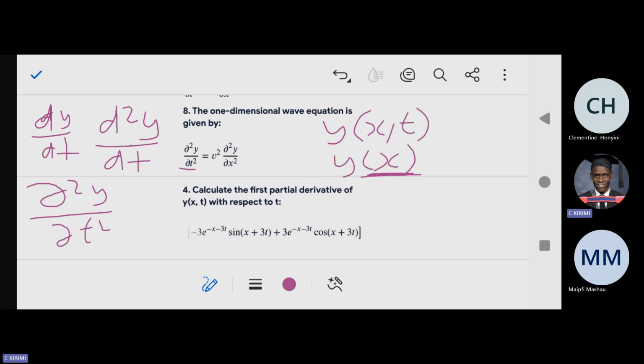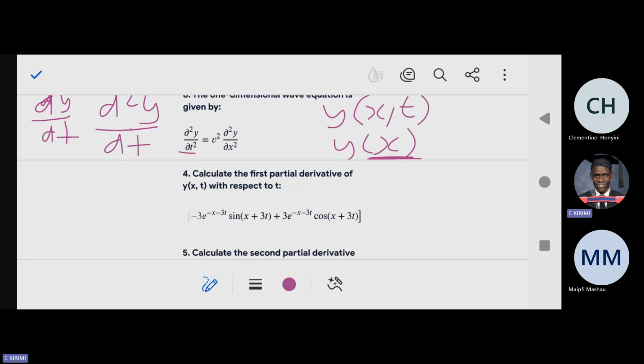Are we together on notation there? I'm just clarifying the notation of writing. When you're writing with your pen, you are not allowed to write d squared y over d t squared, which means the second derivative with respect to time.